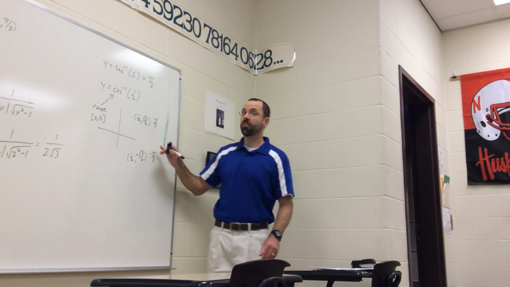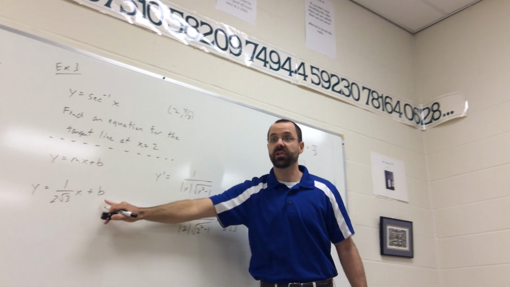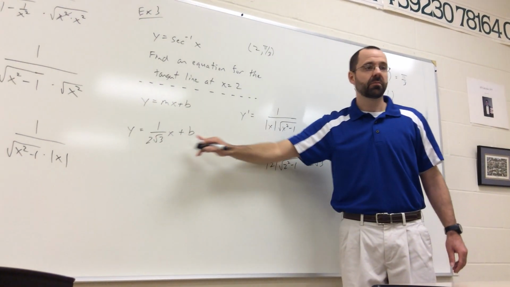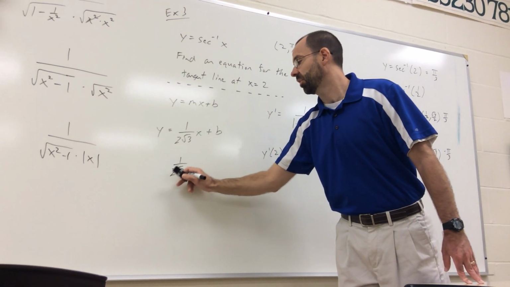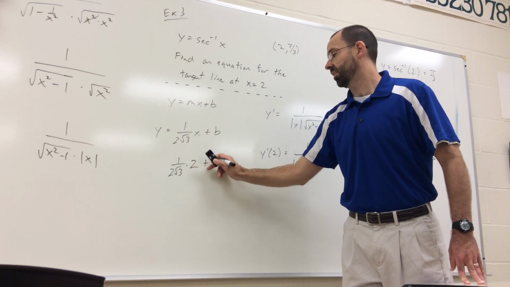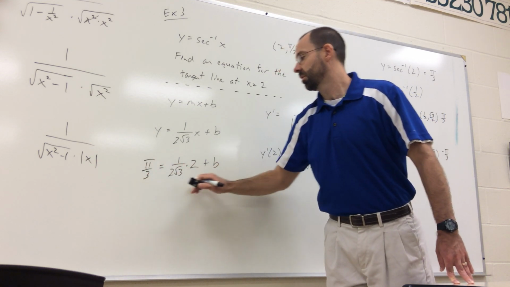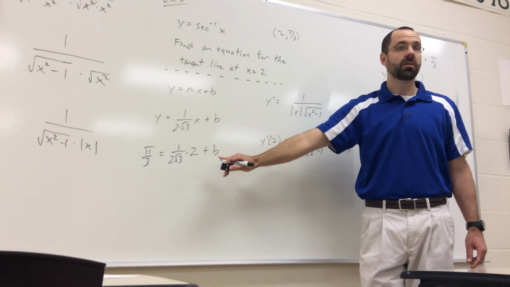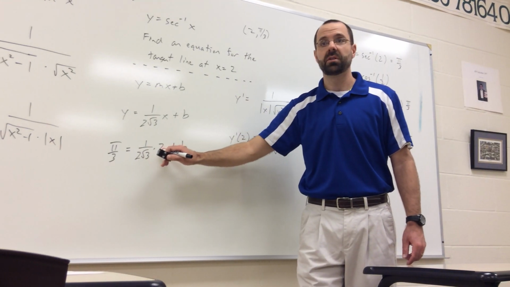All right, so now we have the y value, and we can use this x and this y now to figure out this b over here. Okay, so we've got 1 over 2 root 3 times 2 plus b needs to equal pi over 3. So that's kind of nice because the 2's cancel.